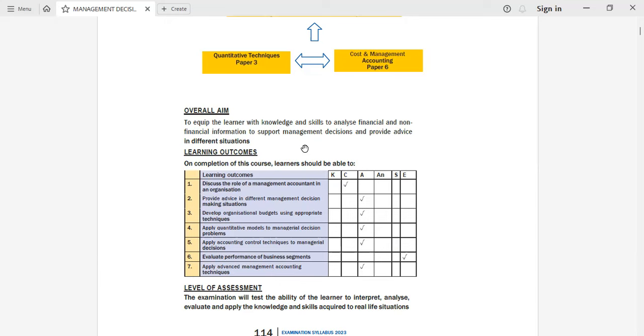And also we can use those performance evaluations to hold people accountable for their actions. You may find that someone has been hired as the head of finance, and you authorize the purchase of certain assets.